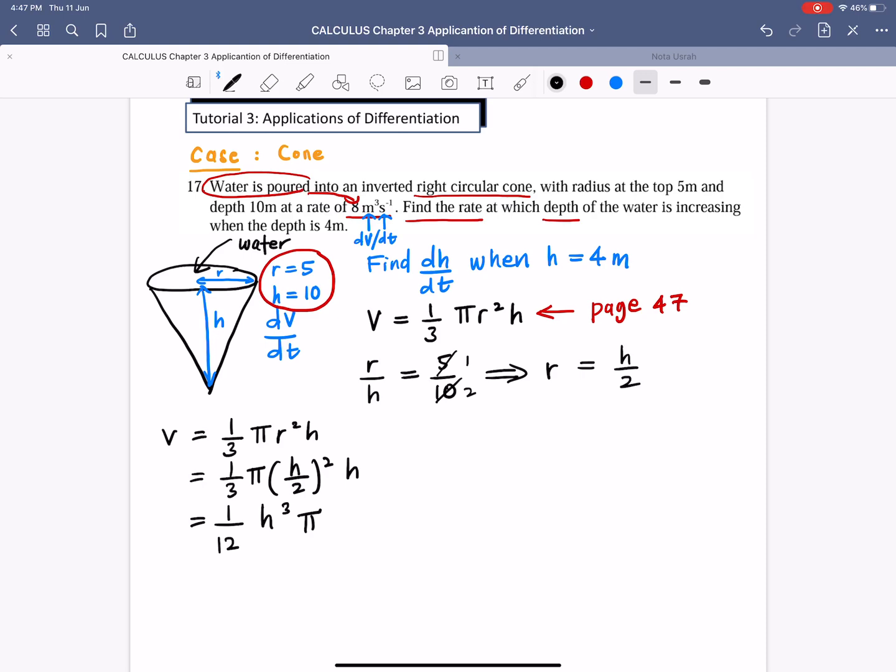So what we will do next is differentiate with respect to h, because now V is only in terms of h. So we can find dV/dh, where dV/dh is 3 over 12 pi h square, which equals 1 over 4 pi h square.